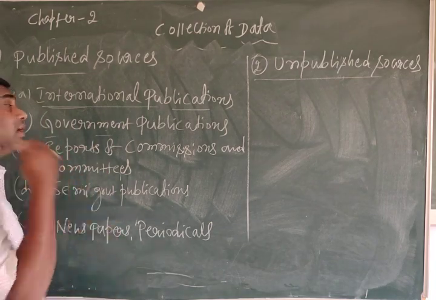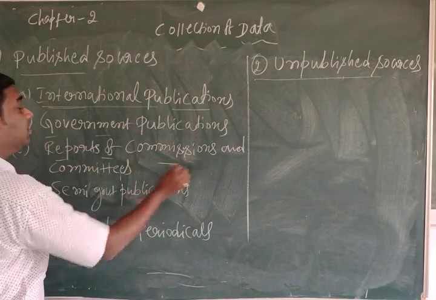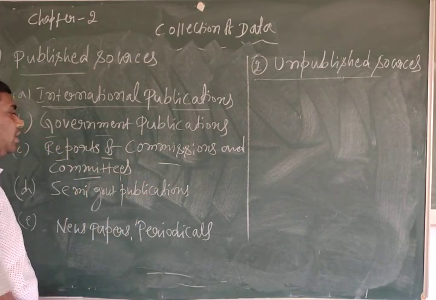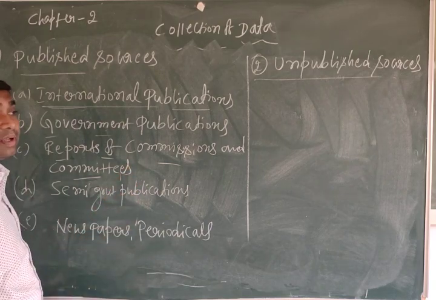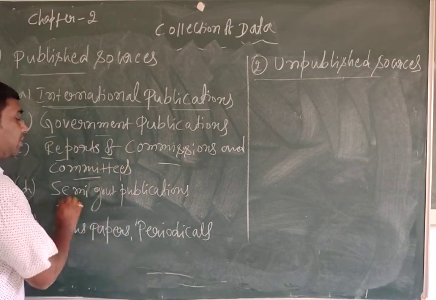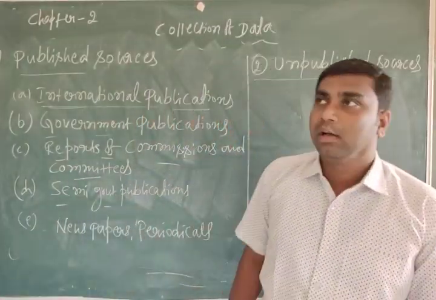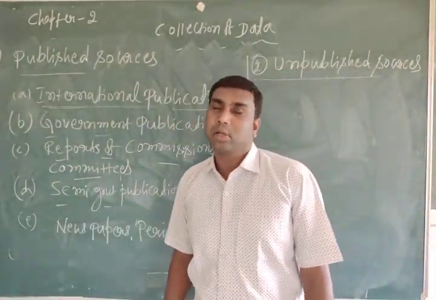So this is also collecting from others. Then reports of commissions and committees. There are separate commissions, departments, committees. Through that also we can get information from others. Then semi-government, which are both. Semi means both private and public. Public means government.